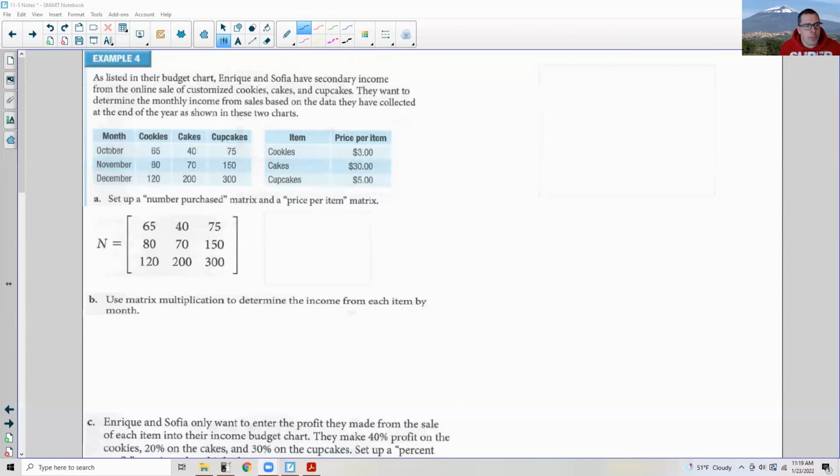They have cookies, cakes, cupcakes, and a quantity, and there is our number matrix. So 65, 65, so it's just the numbers from here. And then we have an item price matrix. So it says to set up a number purchased matrix. So there it is. Those were the number of cookies, cakes, and cupcakes in October, November, December. And this is the price matrix over here.